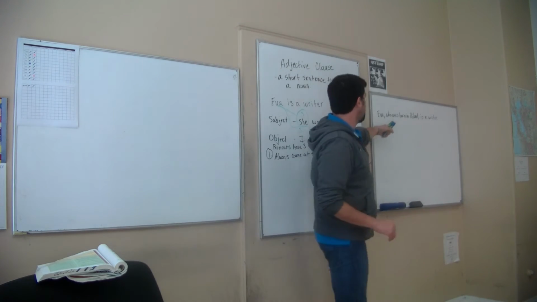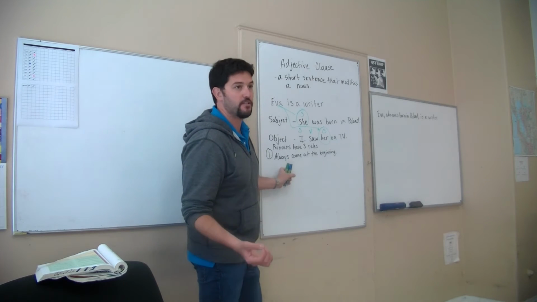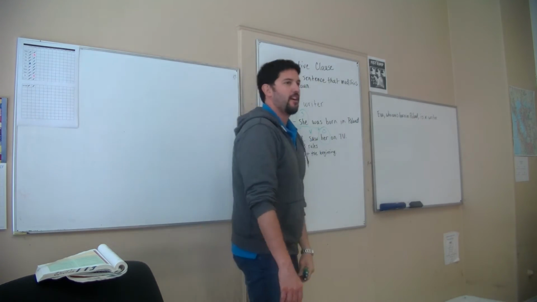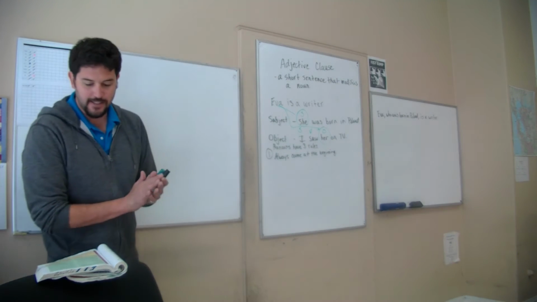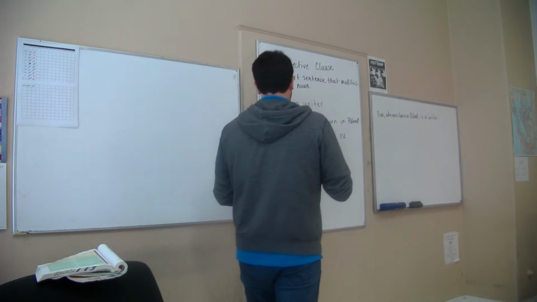So we know that here, our relative pronoun always comes at the beginning of the adjective clause, all right? Who? Boom, there it is, that's it. Okay? Good so far? Yes. Awesome. Okay, second rule is that they never change.